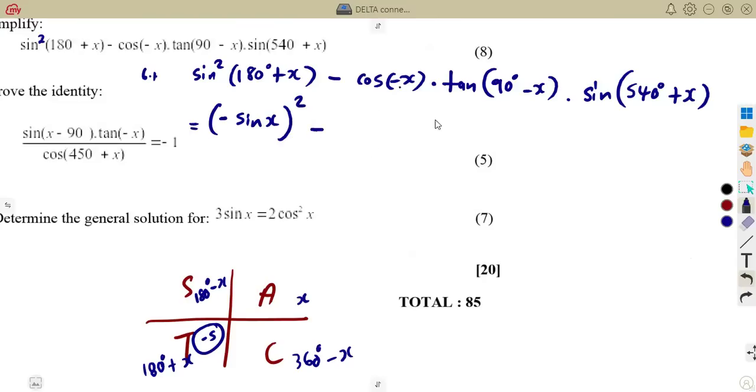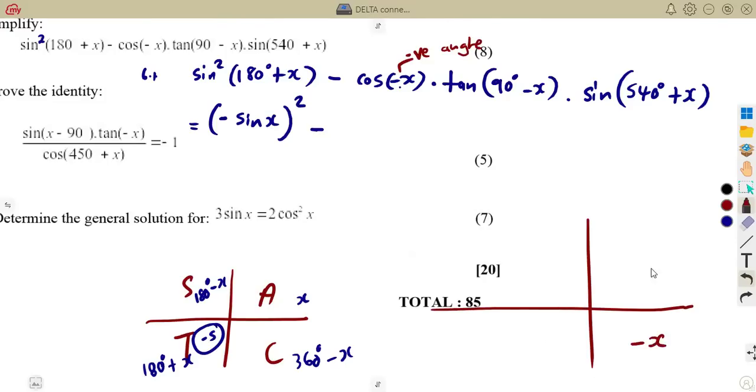Minus the cos of minus x. Minus x here is a negative angle. We are dealing with a negative angle. Remember, for negative angles, minus x is in the fourth quadrant. This is x minus 360 degrees, according to negative angles.